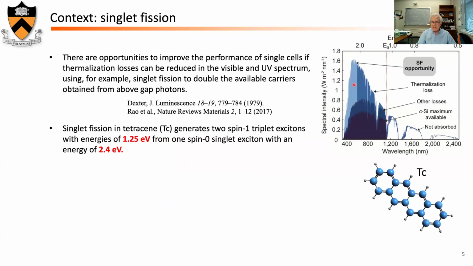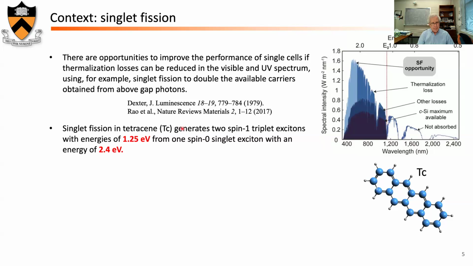So, as I said, in the solar spectrum, if you have a photon with energy twice the energy gap, there are opportunities to improve the performance of the cell through the process of singlet fission.